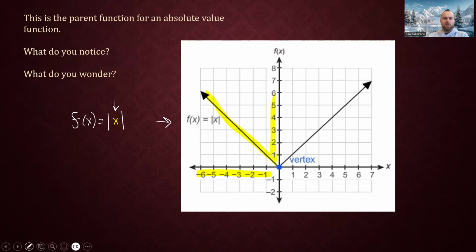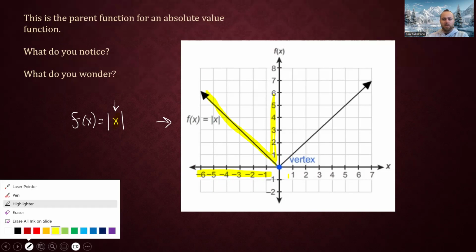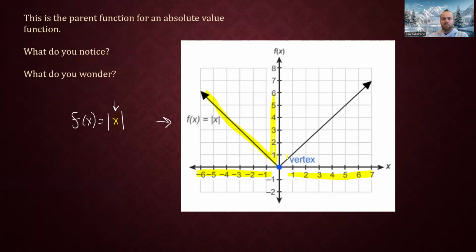But it's absolute value, right? So you can also put in positive x values. And again, you'll get those same positive outcomes. So this line also goes up and to the right.